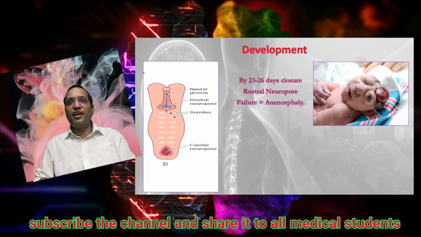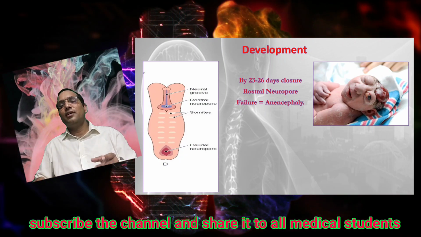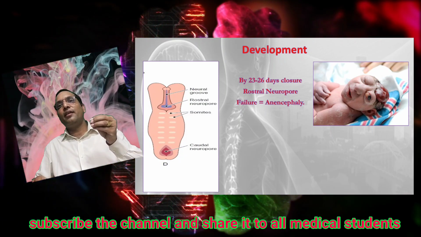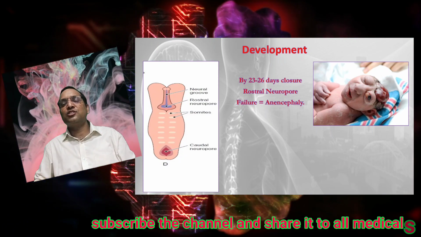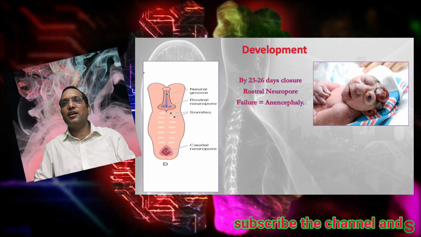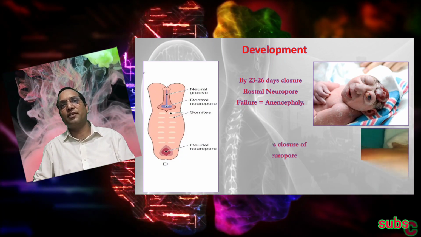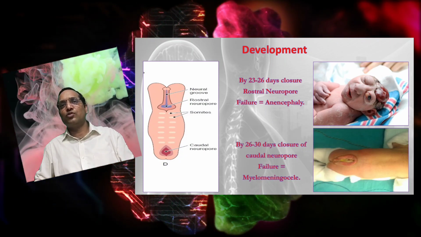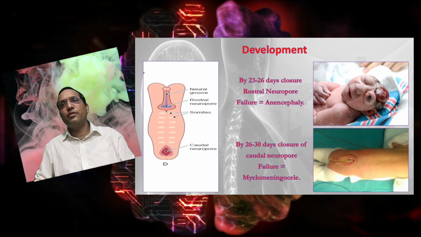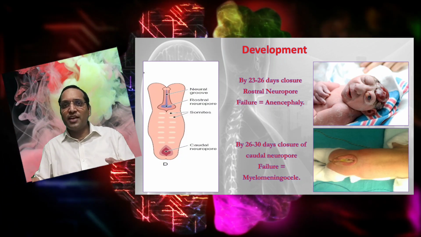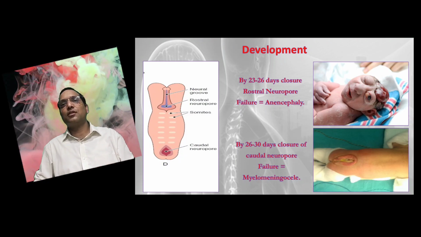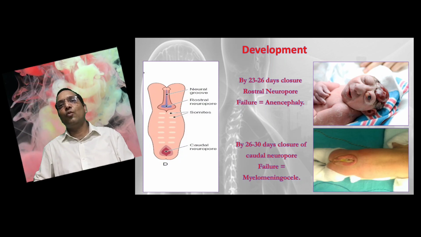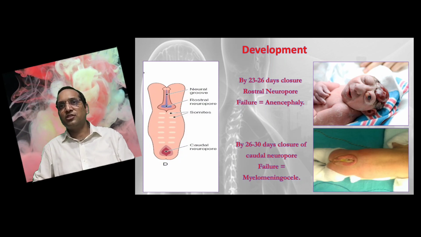If there is any failure, you can see the development of the brain is hampered. This is known as anencephaly. There is a rudimentary brain, you can see here. And by the 26th to 30th days comes the closure of the caudal neuropore; if there is any failure of the caudal neuropore, meningomyelocele or meningocele is seen.